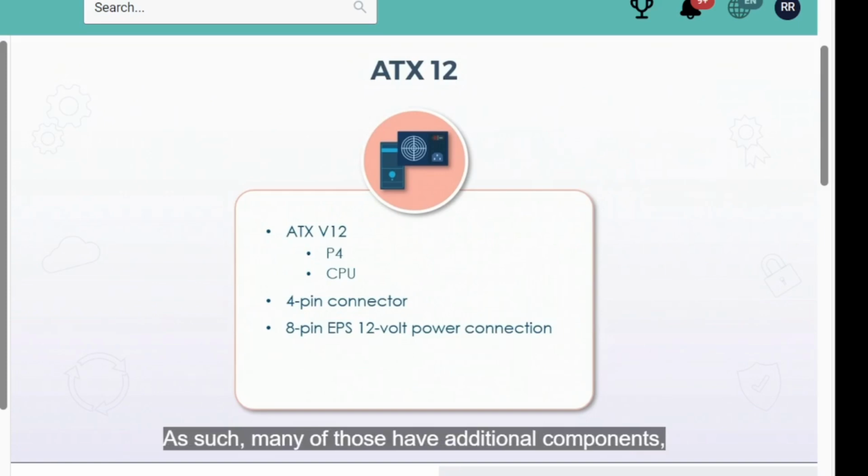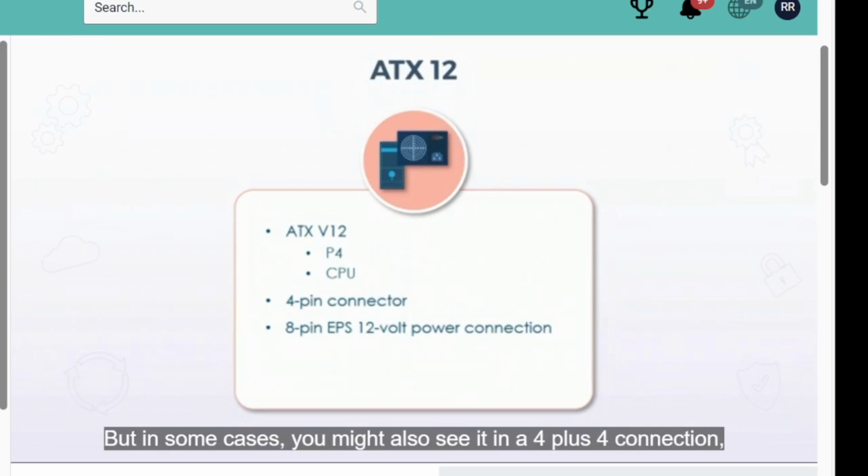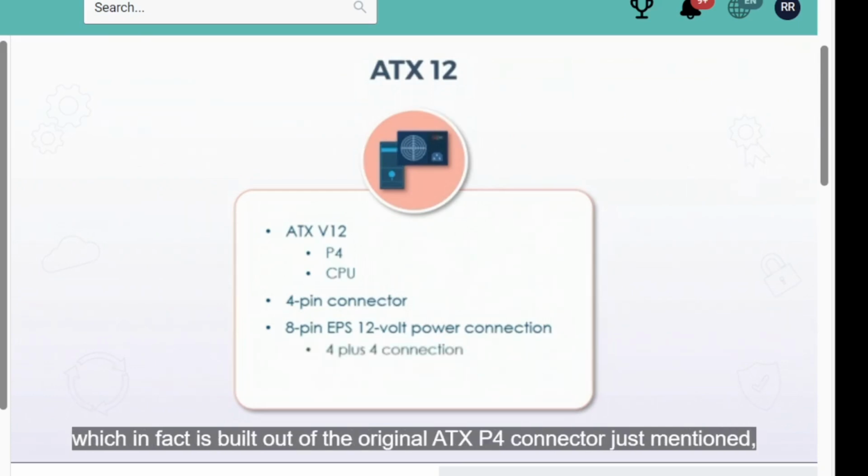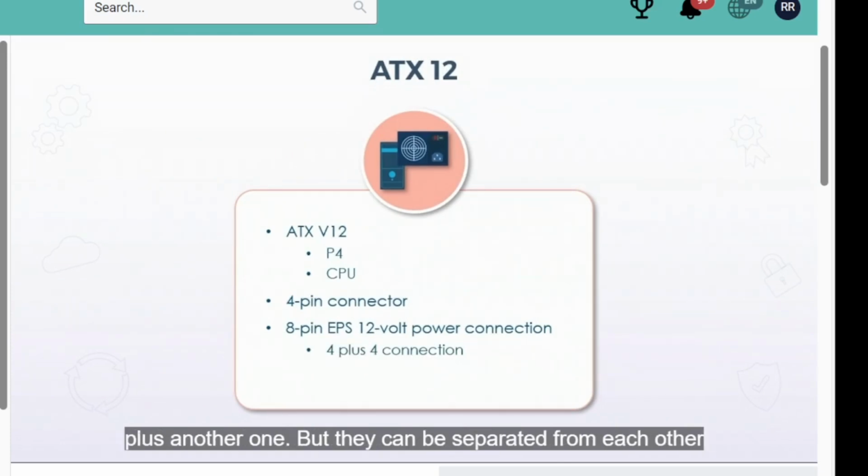As such, many of those have additional components such as multiple processors that require even more power. Now, as mentioned, you may see this in an 8-pin configuration, but in some cases you might also see it in a 4+4 connection, which in fact is built out of the original ATX P4 connector just mentioned, plus another one. But they can be separated from each other if necessary so that you can plug in just one of them, or in some cases they can be put back together for an 8-pin connector.